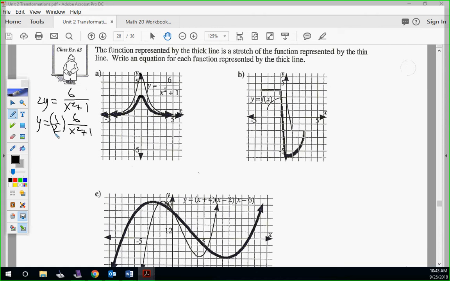All right, let's look at this weird one over here. It's kind of hard to see, but here's the thin line right here. And then you can see the thick lines kind of flip there. So it looks like there was some type of flip. It looks like this goes here too.